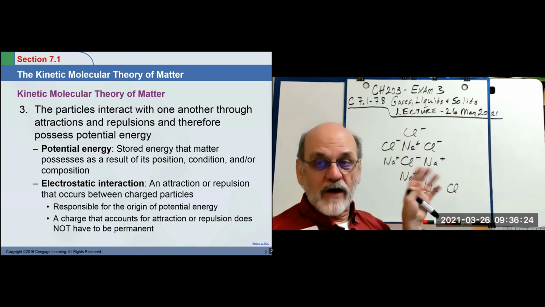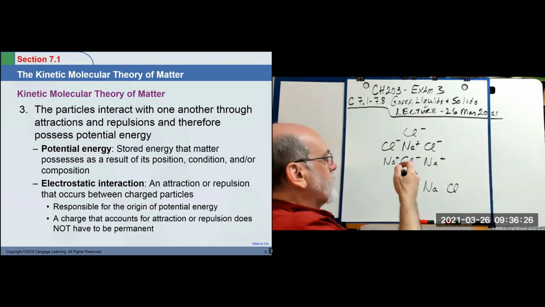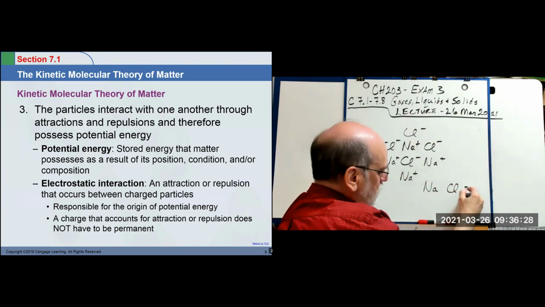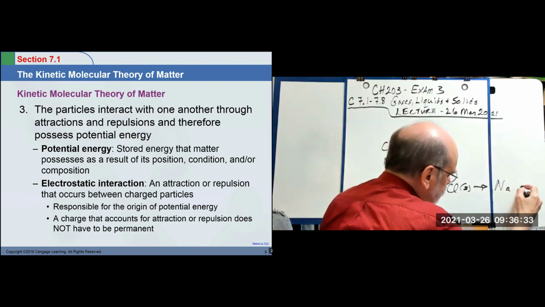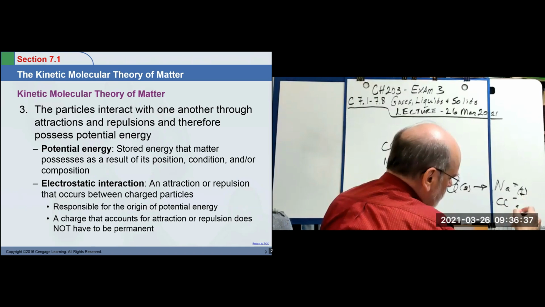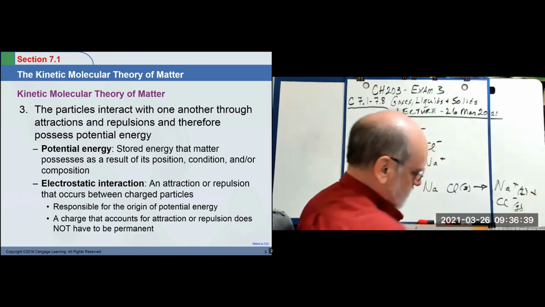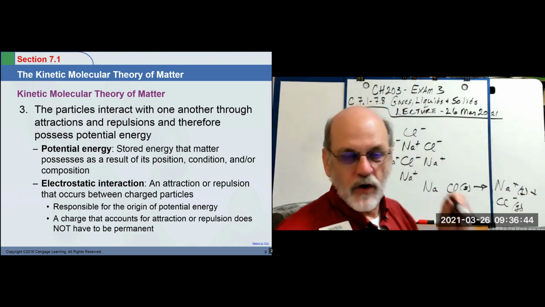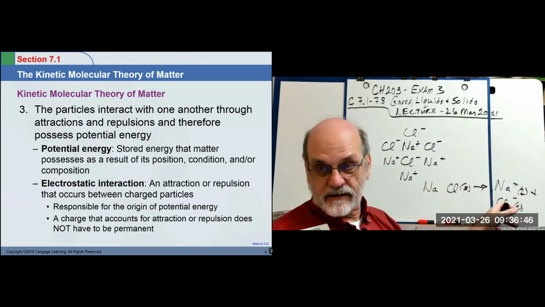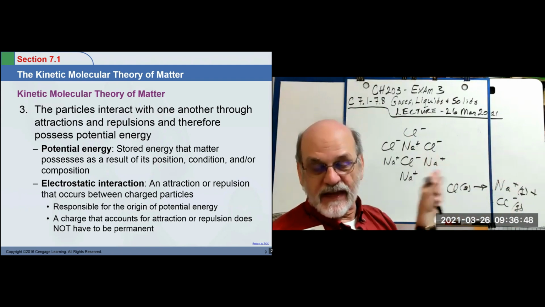So if you want to break the bonds completely, you will go from the solid to the gas and individual ions in the gaseous state.